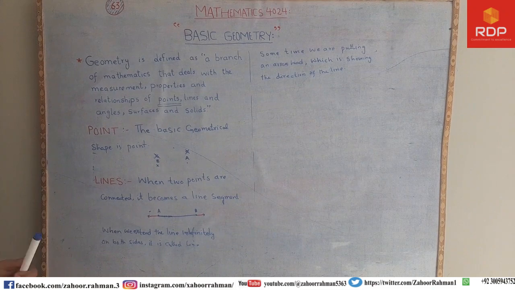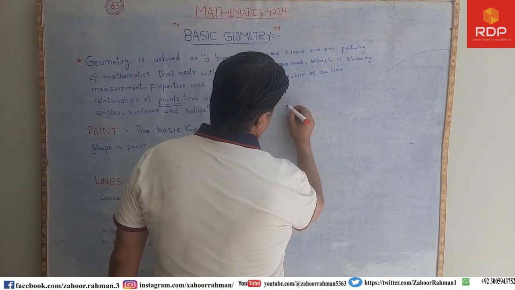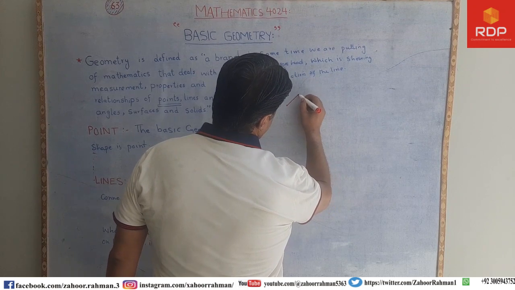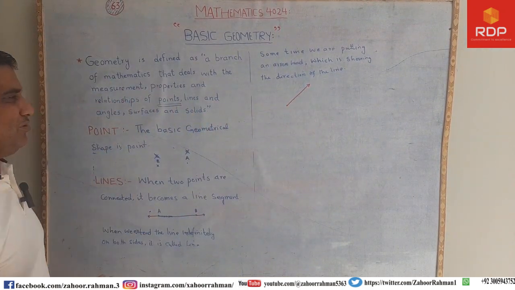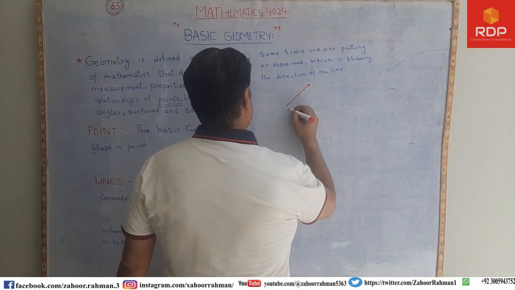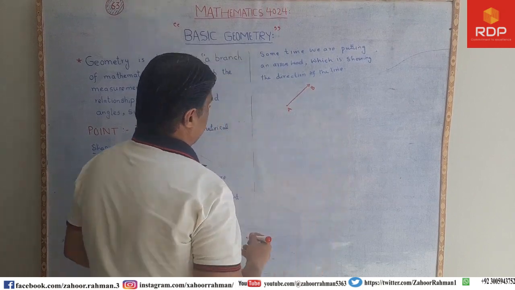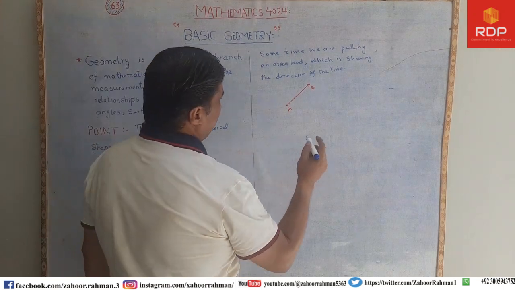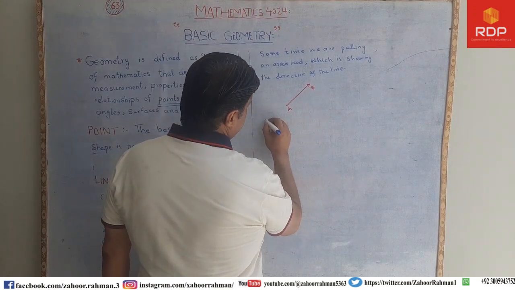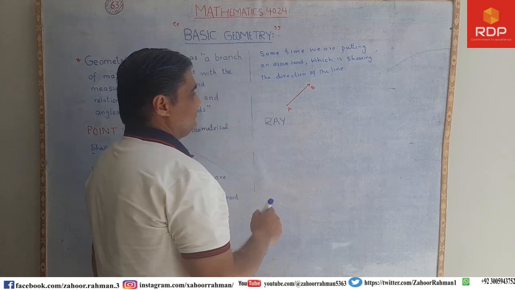Ladies and gentlemen, one thing more: sometimes we see only one arrow. For example, this is point A and this is point B, and we put an arrowhead in only one direction, then this is called a ray.